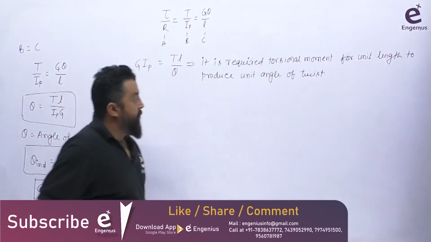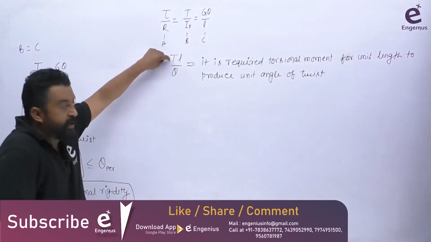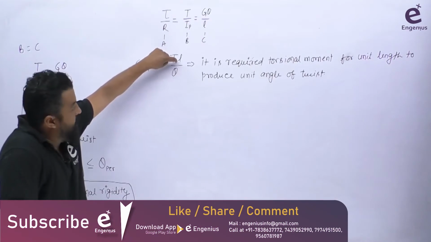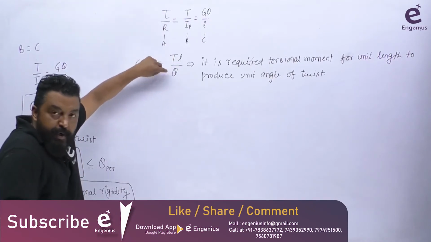Okay, means it is the required value of torque or torsional moment for a unit length, एक unit length के लिए, to produce the unit twist in the member.